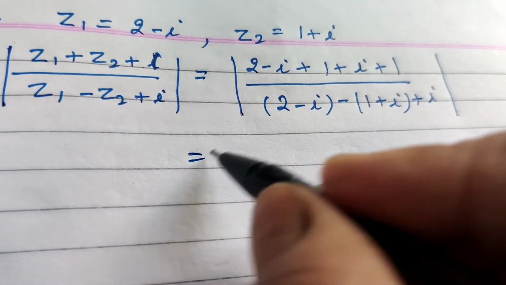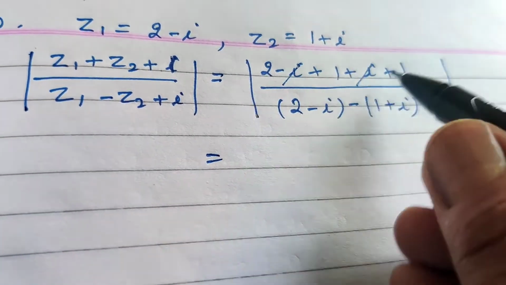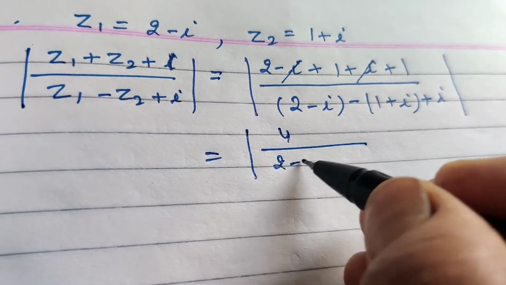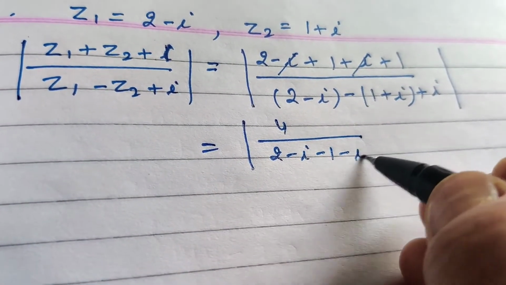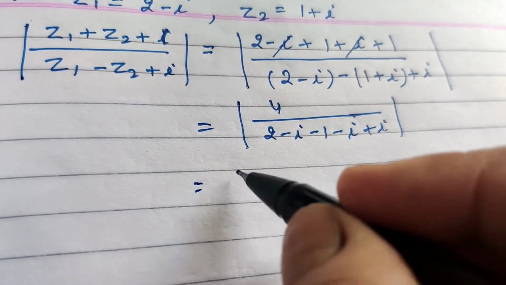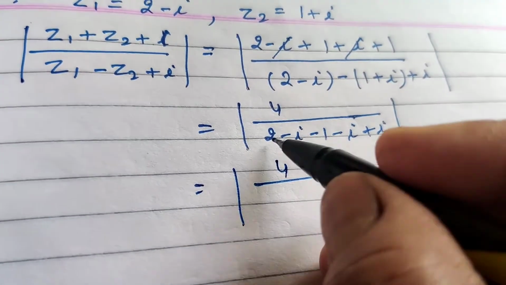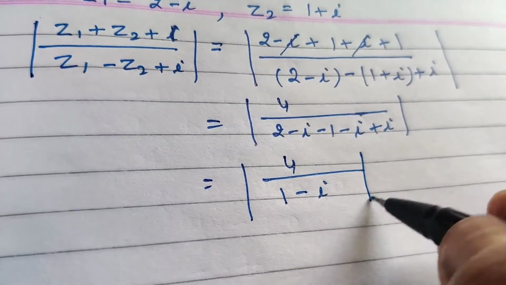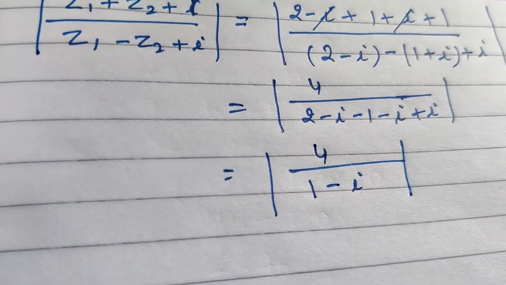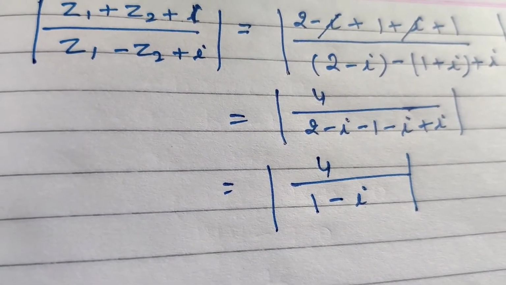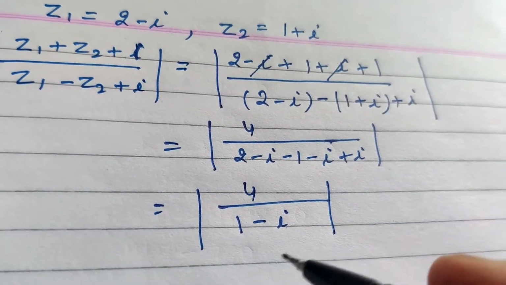Now solve. i cancels. 2 plus 2 is 4, divided by 2 minus i minus 1 minus i plus i. It means 4 upon 2 minus 1 is 1, so 1 minus i. 4 upon 1 minus i.